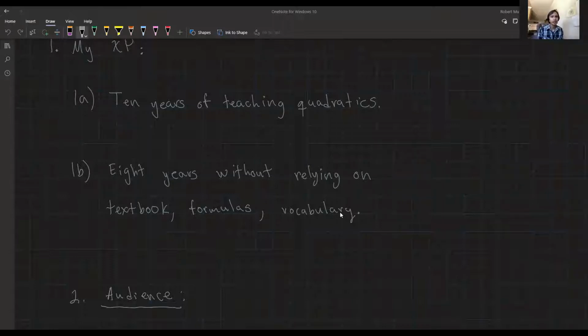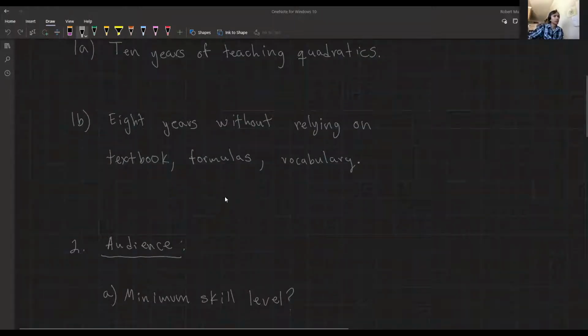And vocabulary is something that we will use in this course, but it won't be given in the first lesson. Sometimes it comes later. Same with the formulas. It's not that we will never see them, but they will show up at the end of maybe the concept, once the concept is finalized. All right, so that's my experience, and it will continue to grow, hopefully.